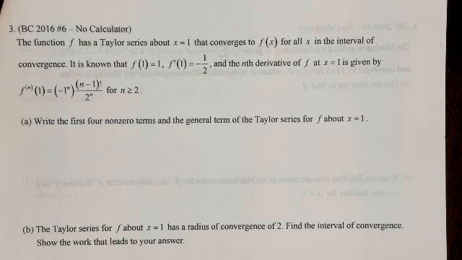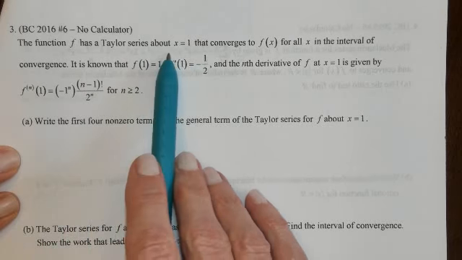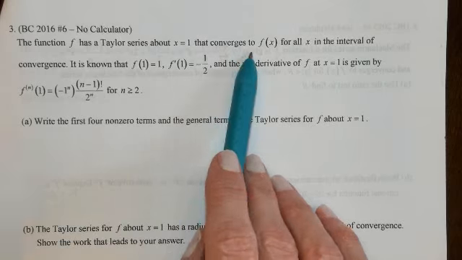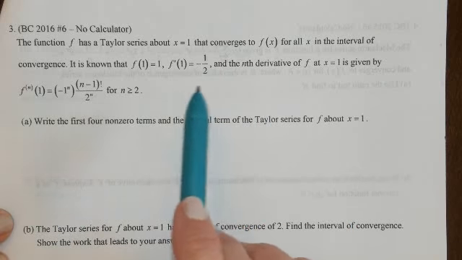Now let's take a look at the problem from 2016. Again, number 6. You'll see if you look through this packet, it's always number 6. No calculator. Okay? The function f has a Taylor series about x equals 1 that converges to f of x for all x in the interval of convergence.